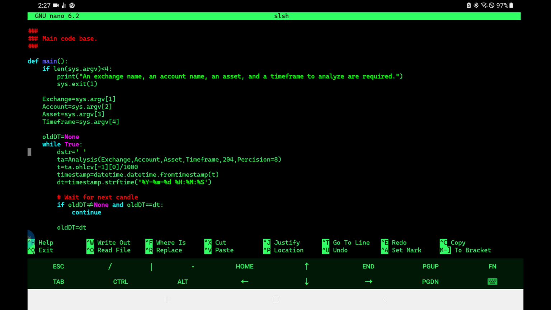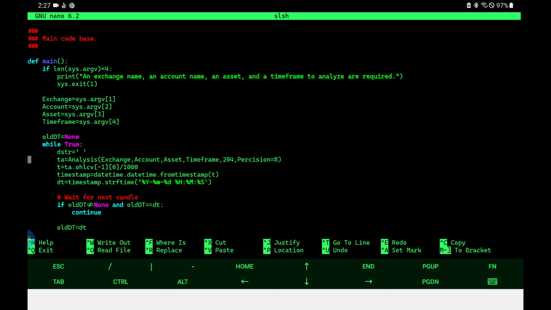You could just sleep 1 minute on a 1 minute candle. But because this program can work on any time frame, and I didn't want to program every time frame into it for every single exchange that it supports, I chose to track the old time.